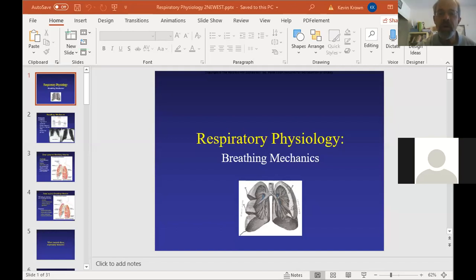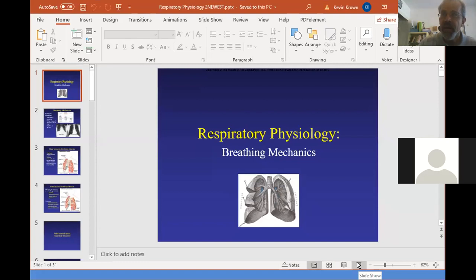Respiratory I, if you remember, was just general information about some terms, ventilation, respiration, the anatomy and functions of the respiratory tract, the different parts of it, the trachea, the bronchioles, and the alveoli.